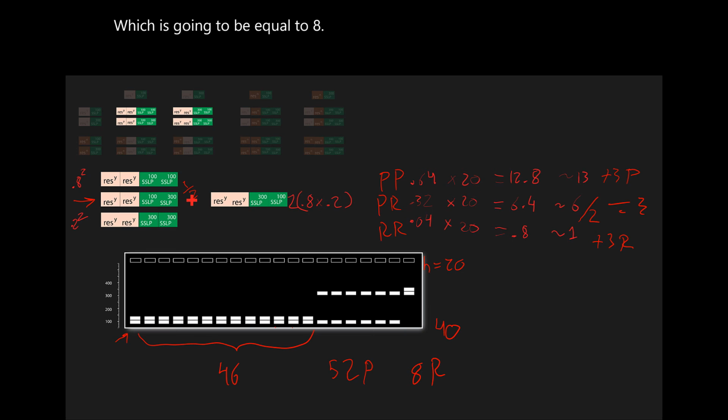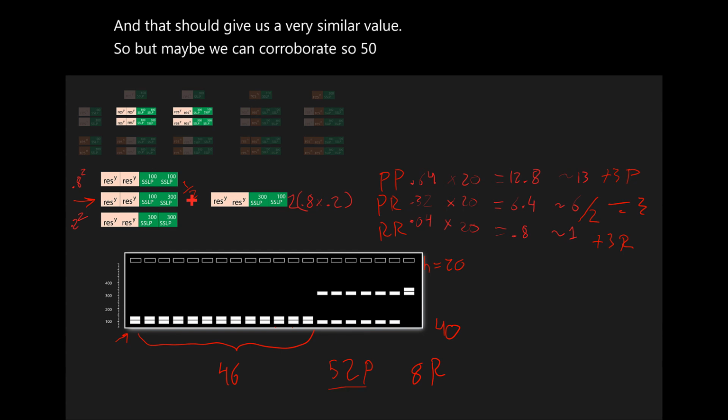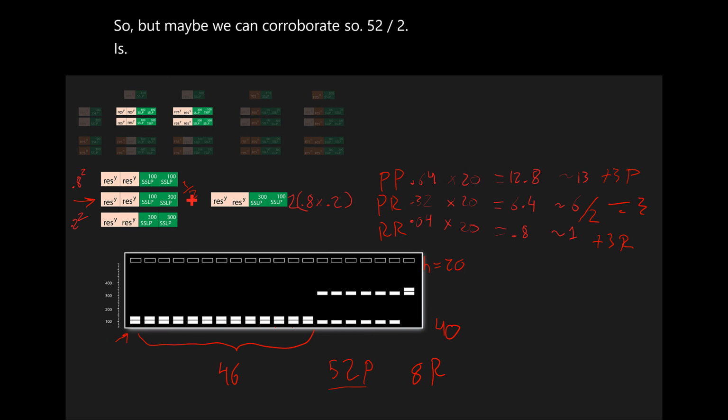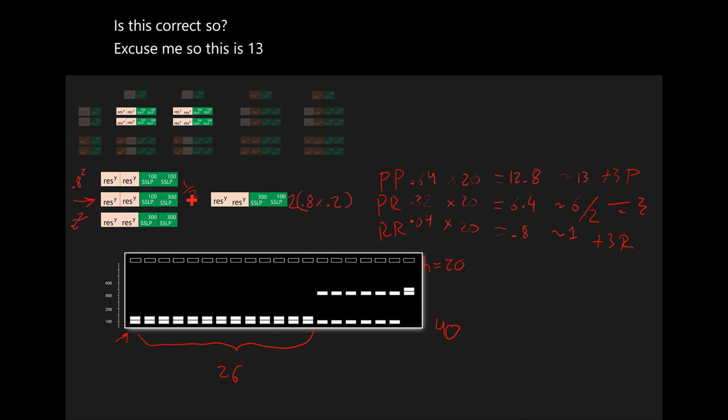Okay, and that should give us a very similar value. So maybe we can corroborate. Let me check, excuse me. This is 13, multiplied by 2 is 26, and then plus 6 equals 32.